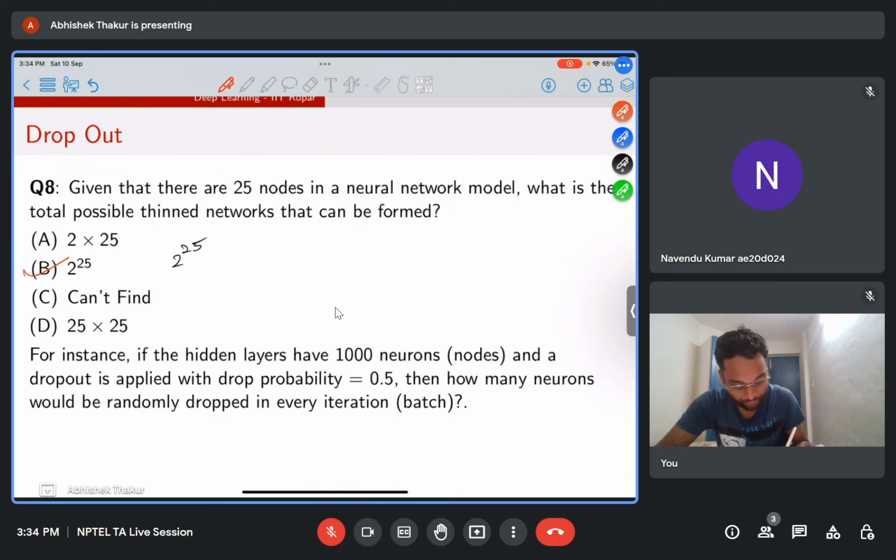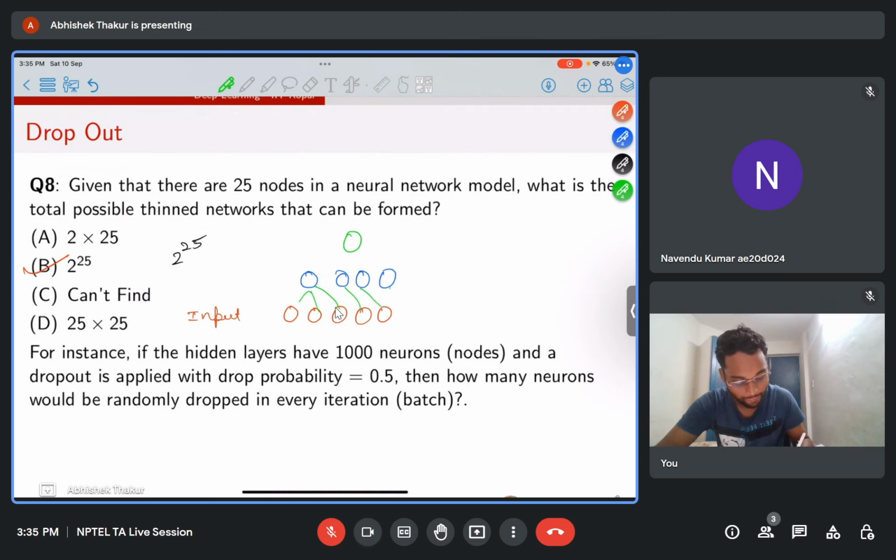I will just show you. This is our input layer. This is our hidden layer. And let's suppose this is our output layer. The figure is getting cumbersome, so it's okay, leave it. Each layer is connected to the other.